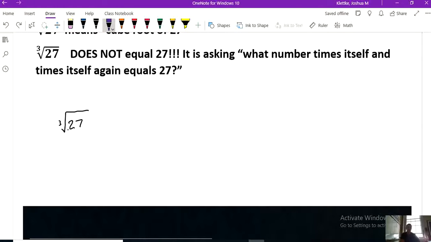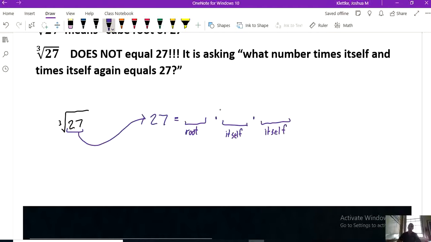We are looking for which number, which will be the root, times itself, so that it appears 3 times in our problem, gives us 27. So it takes a little bit of thinking.